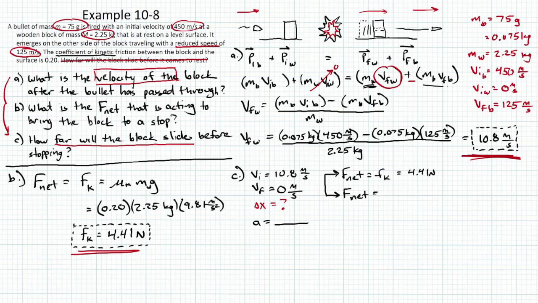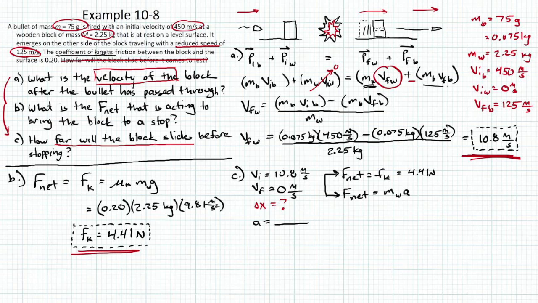It happens to be friction, but Newton's second law tells us it also happens to be mass of the object. In this case, it would be the mass of the wood block times the acceleration. Newton's second law says net force on an object is its mass times its acceleration, which also happens to be the only force acting on it, which is the friction force.